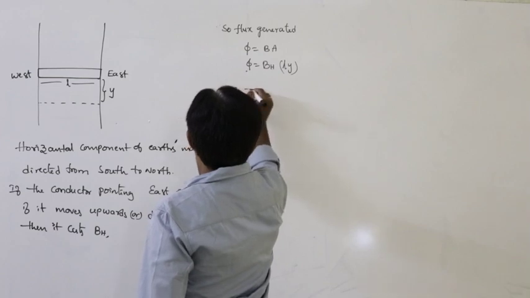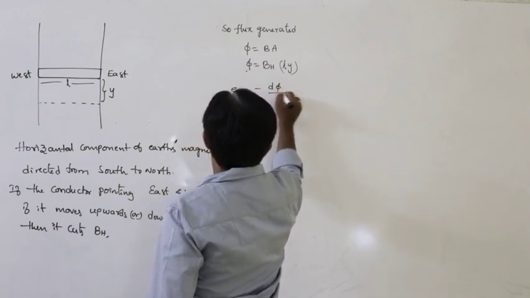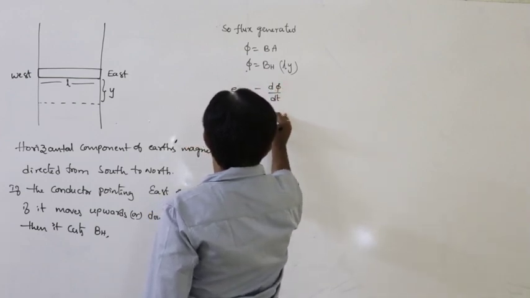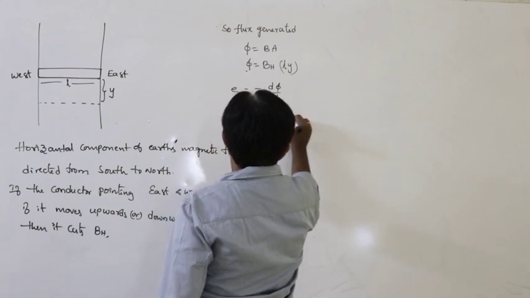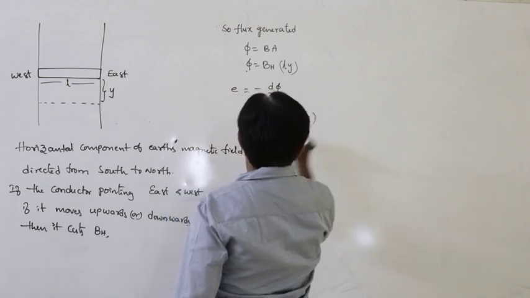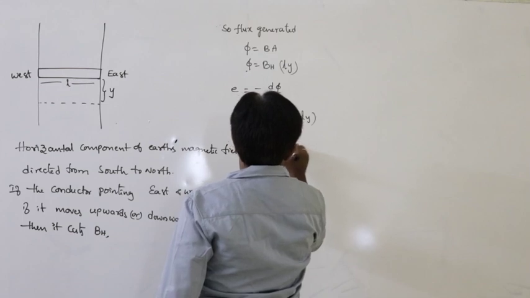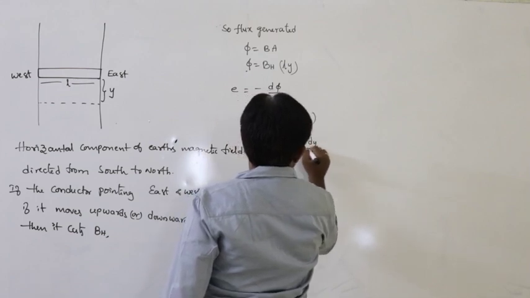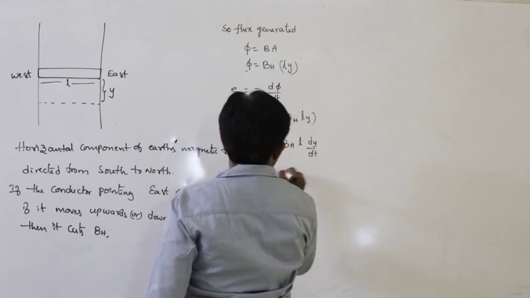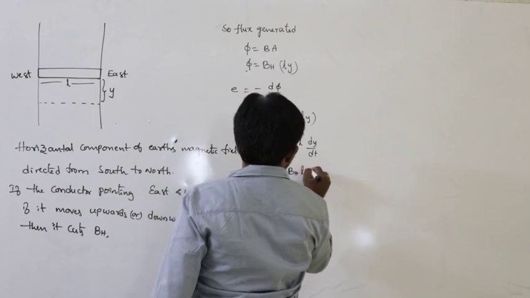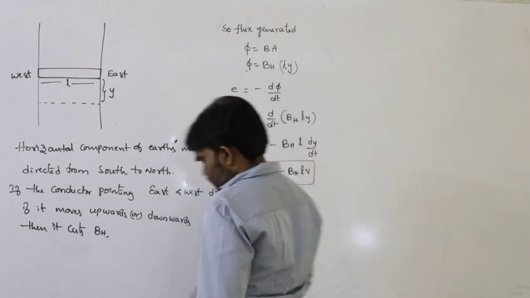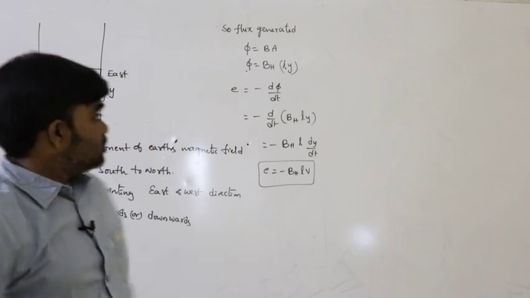So induced EMF E is equal to minus d phi by dt, so minus d by dt of BH Ly, that is equal to minus BH L into dy by dt. So E is equal to minus BH LV.